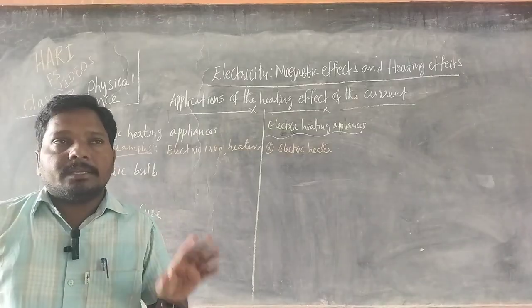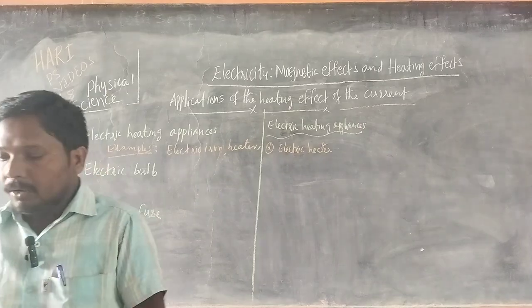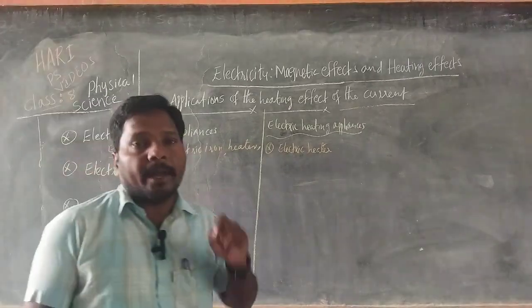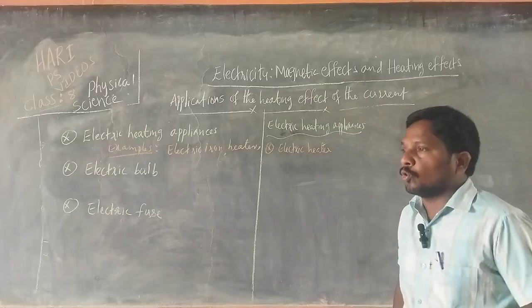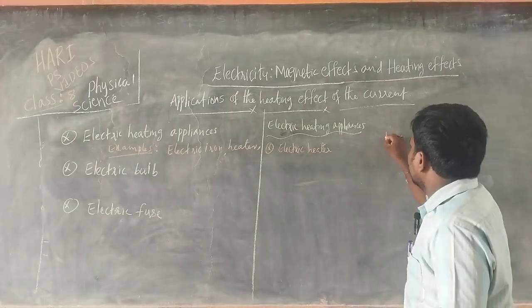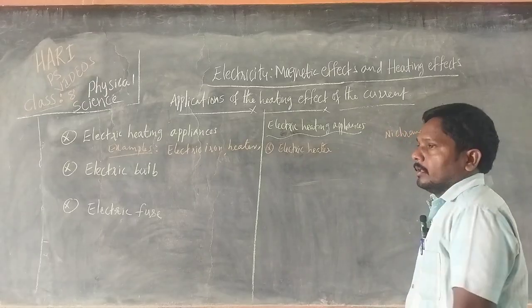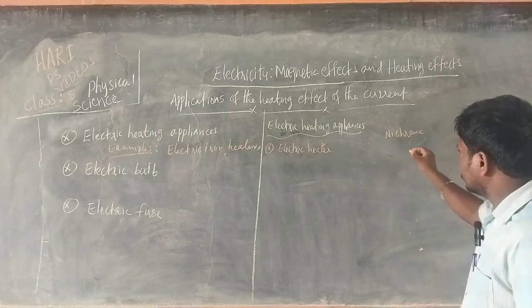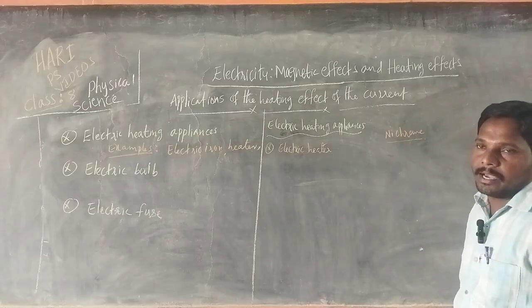All these heating appliances have a high resistance wire like an alloy called nichrome. Nichrome is an alloy that has high resistance.